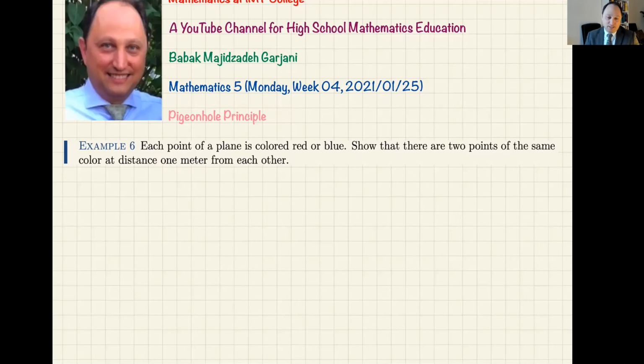But we want to show that the distance between 2 same colored points is 1 meter. This is making it a little bit harder.